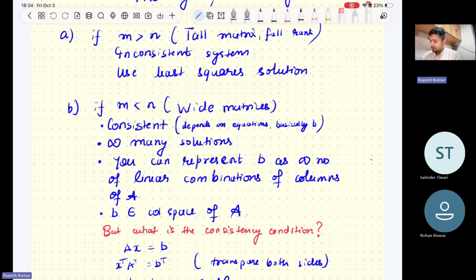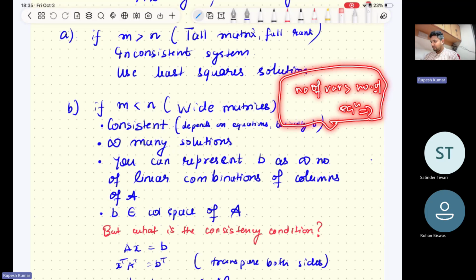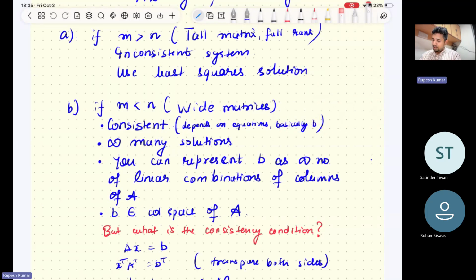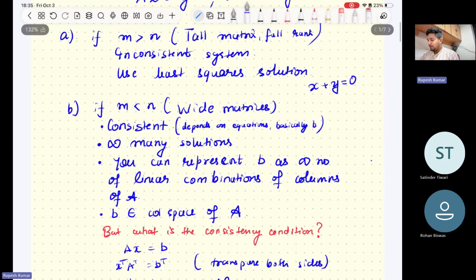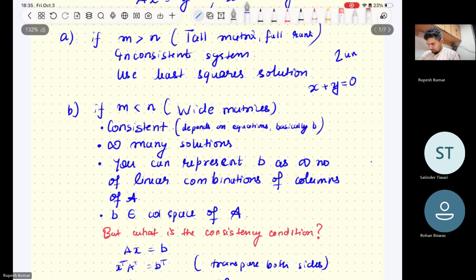If the number of variables is greater than the number of equations, this means you cannot get a single solution. For example, let's say I'm trying to solve the equation x plus y equals 0. You have two unknowns and one equation. From this, the solution is x equals minus y.